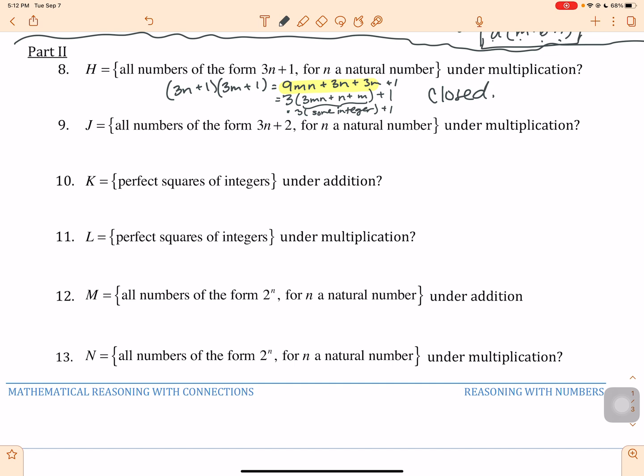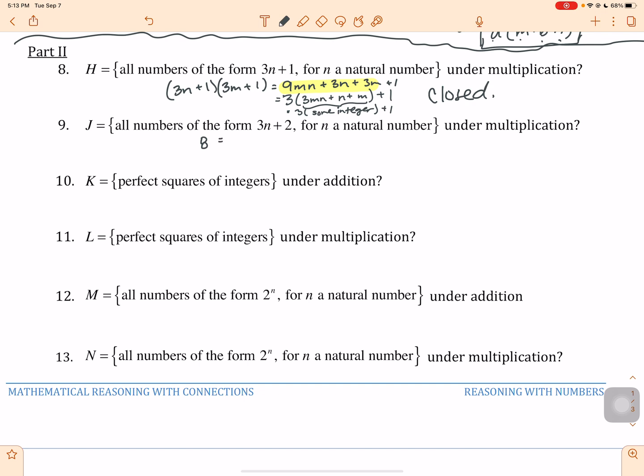Now number 9, all numbers of the form 3n plus 2 for n a natural number under multiplication. Okay, so the way that we want to think about this is if we were to pick any 2 numbers, right? So for example, I'll go ahead and pick 8, okay?